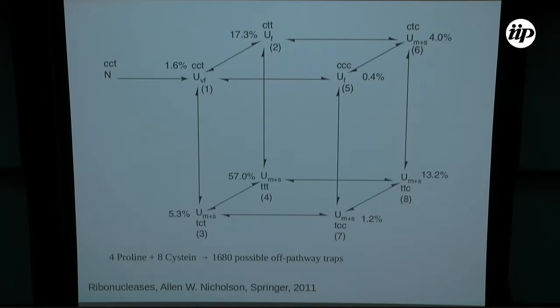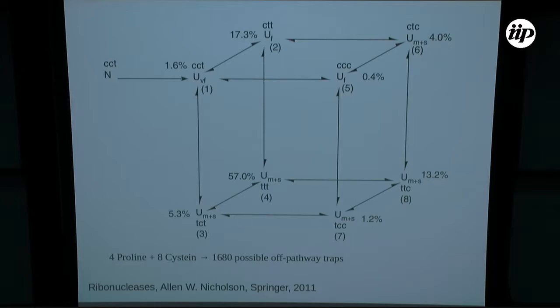And this is a very, very simplified landscape. Yesterday, Jose tried to convince us that the landscape of the protein in many cases is very simple, and that's true. But not in this case. Ribonuclease A's funnel for folding is a nightmare.